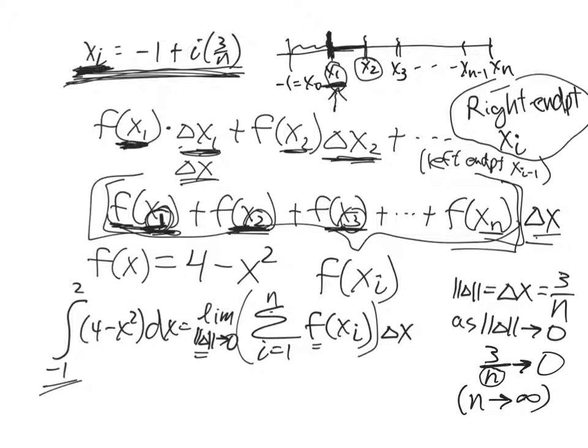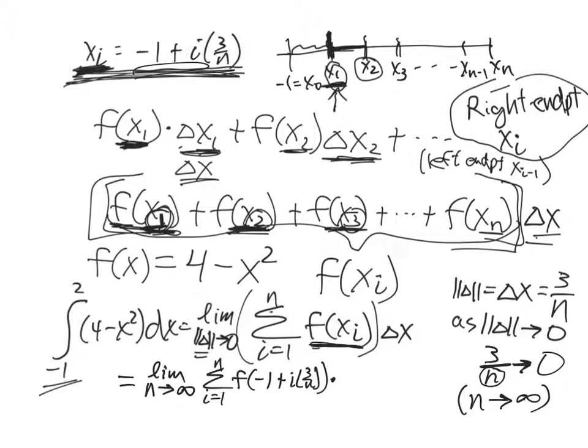So we have now transformed our definition because we have kept all of the widths equal. We can now say take the limit as n approaches infinity for our summation i going from 1 to n of, well, let's look at what this would be. We said x sub i up here at the top. We determined that to be -1 plus i times 3 over n, and then we multiply that by delta x.